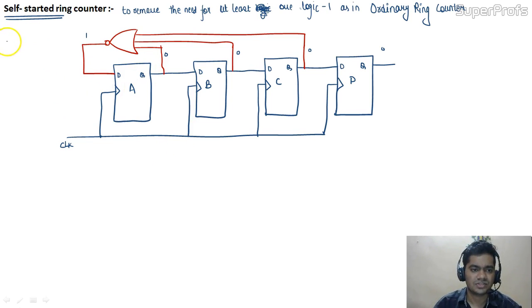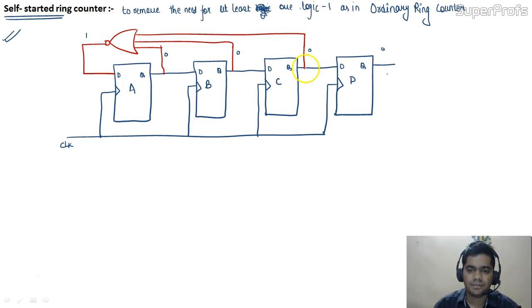So you can construct the self-started ring counter. This is the modification that is done: we have passed QA, QB and QC through a NOR gate and given it as feedback to DA. The point to note is that we have not connected QD, there is no connection from QD.